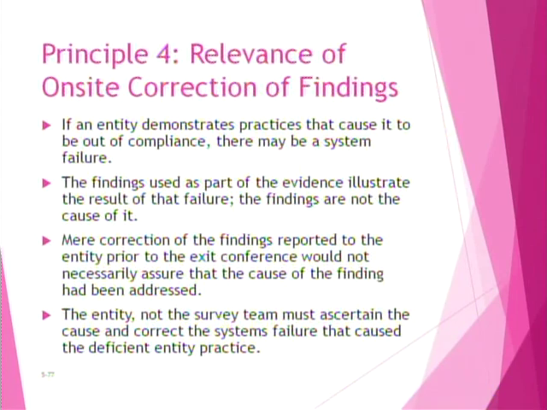There's something that created this situation, and they may have corrected part of it, but they haven't really assessed and determined what caused it. So the entity, not the survey team, must ascertain the cause and correct the system's failure that caused the deficient entity practice.